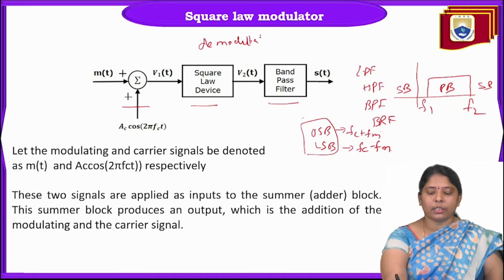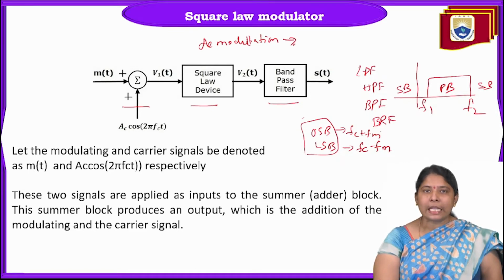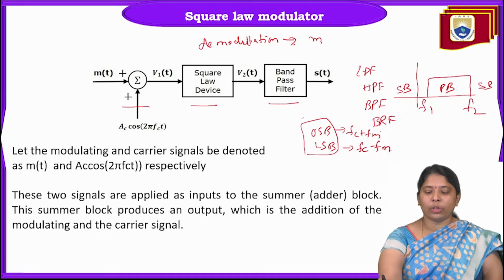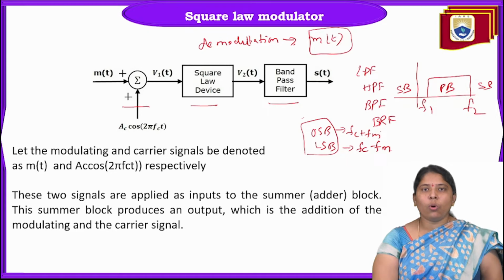Demodulation is done at the receiver. What is demodulation? Recovery of the message signal. So we are going to recover m of t from the modulated wave. As we know, modulated wave is higher frequency and this m of t is the lower frequencies.